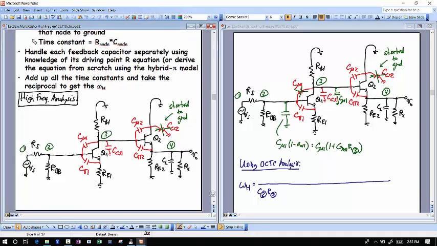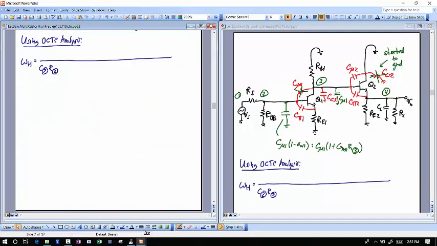When I use that nomenclature, I'm basically saying that this is the total shunt capacitance at node 2, and this is the total shunt resistance at node 2. I haven't determined what those are yet, I'm just telling you what those are. That is a time constant associated with node 2.